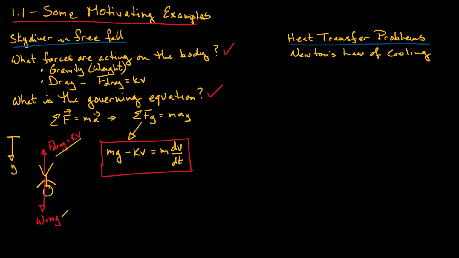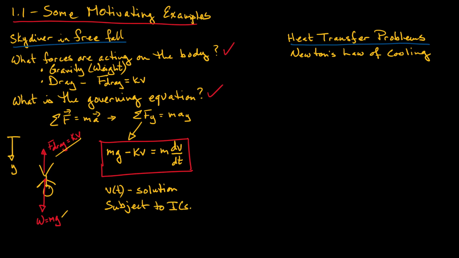And in fact, we will learn how to solve this, and the solution will give us the velocity as a function of time. That is what we are seeking. And what we will say is we want the velocity as a function of time subject to initial conditions.